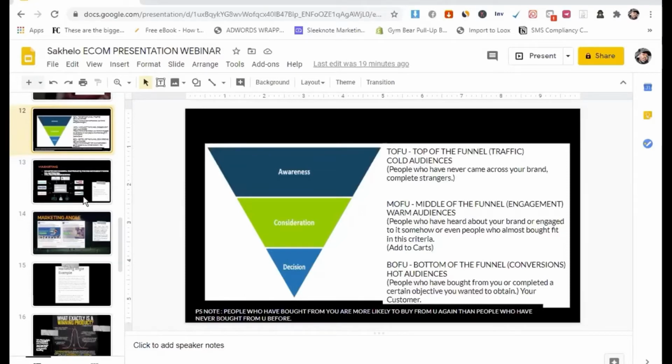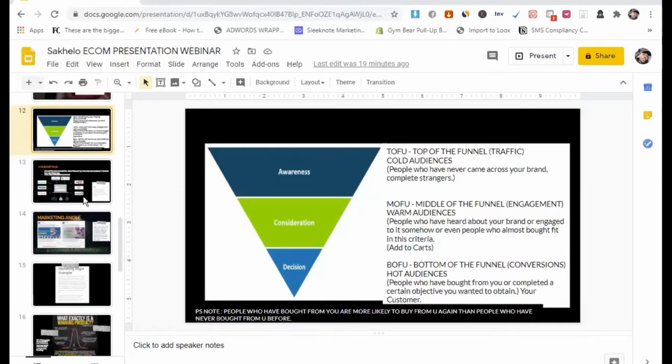Okay, and at the bottom, it's when they made the decision. The people that pulled the trigger, that's called conversions, the bottom of the funnel. Those are hot audiences, people that bought from you, and it is said that people who have bought from you before are more likely to buy from you again.